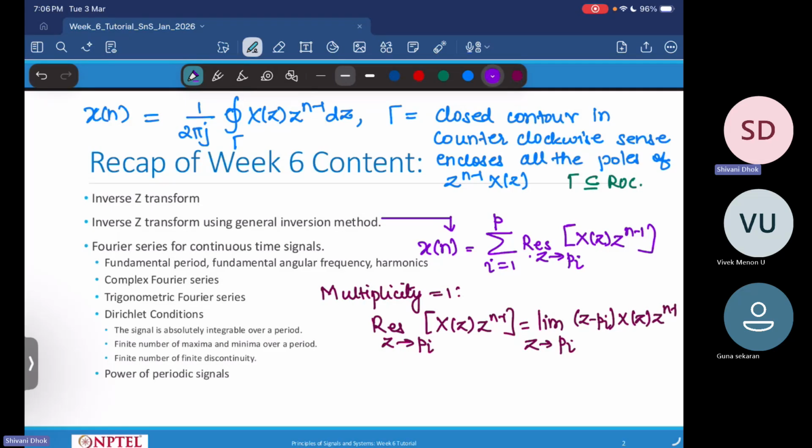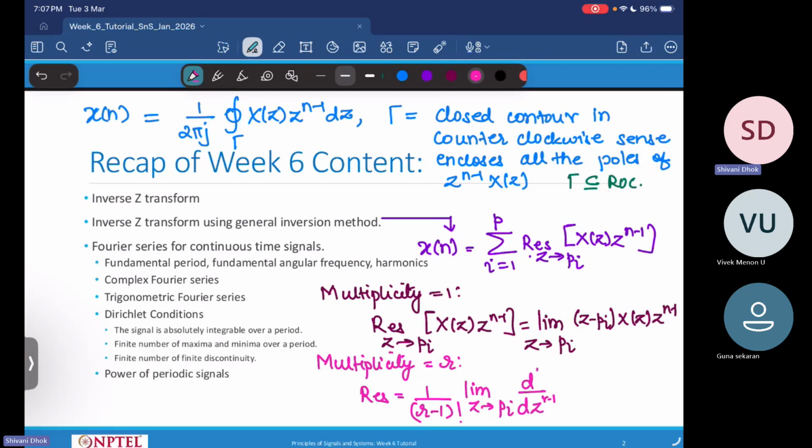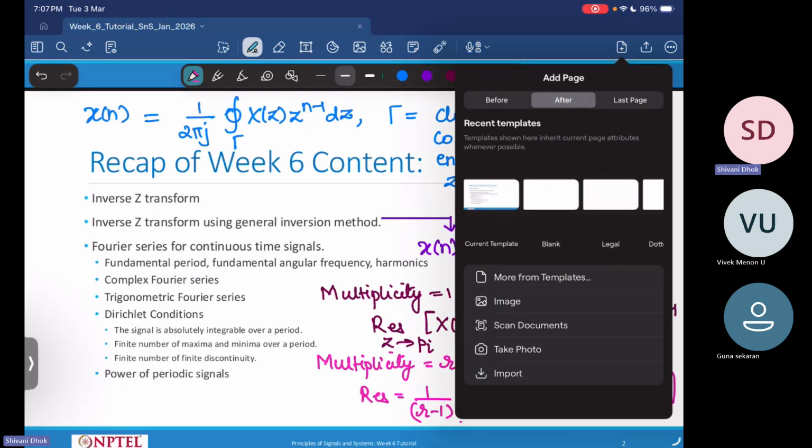And if the multiplicity is r, then the residue is given by 1 by r minus 1 factorial, limit z tending to pi, of the derivative, to the power r minus 1, of the quantity z minus pi to the power r into z to the power n minus 1 into x of z. So this is how it is done.